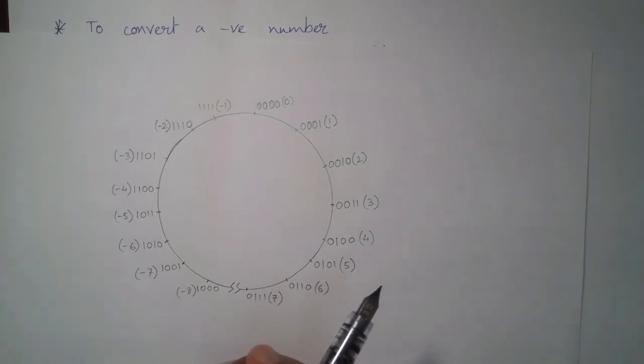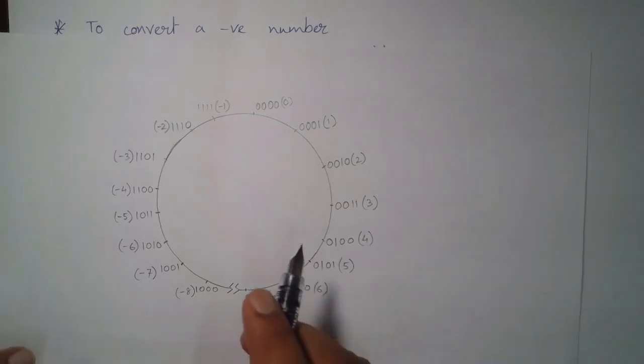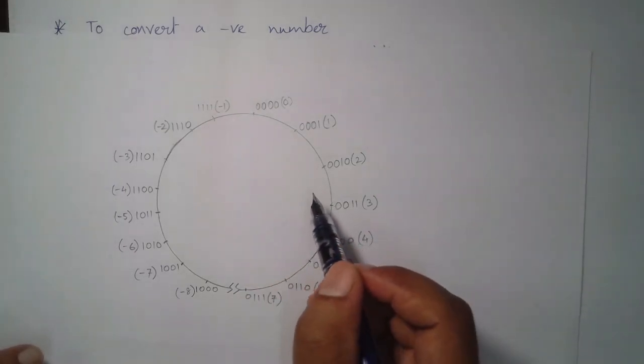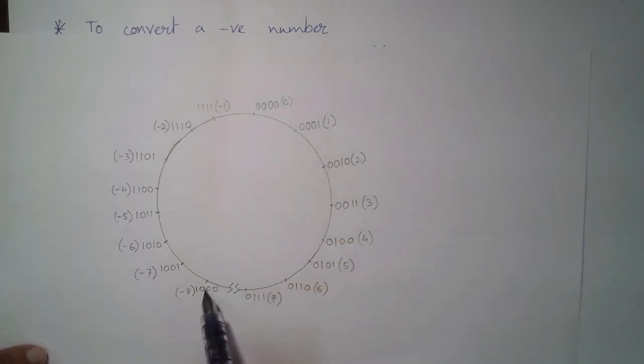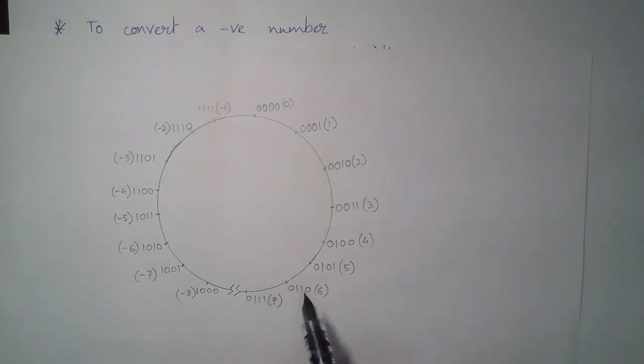We can think of the highest number, okay, we can take this -8 and let us say another number is 7.